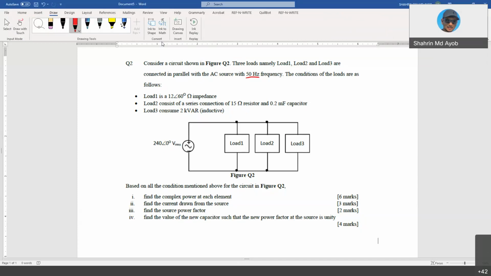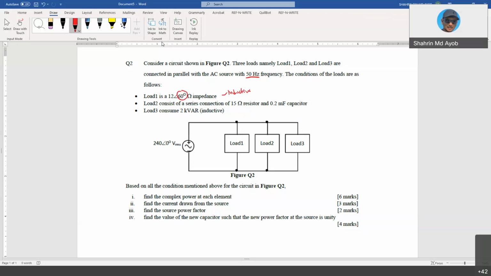So load 1 is 12∠60° ohm. Positive meaning that this is inductive. How to know whether it is inductive or capacitive depends on this angle, or if you put it in rectangular form, the value will be positive j. Okay.